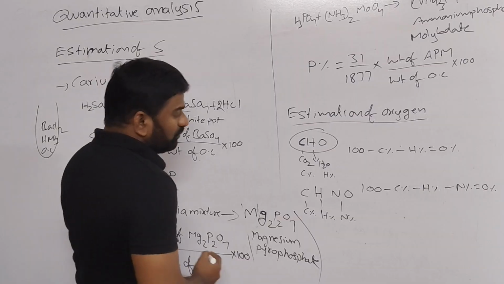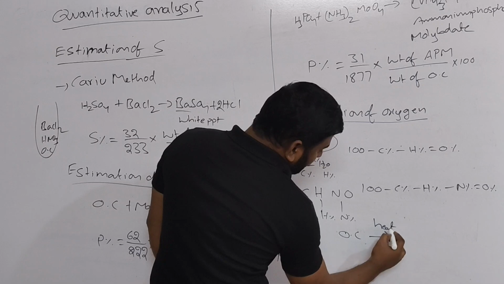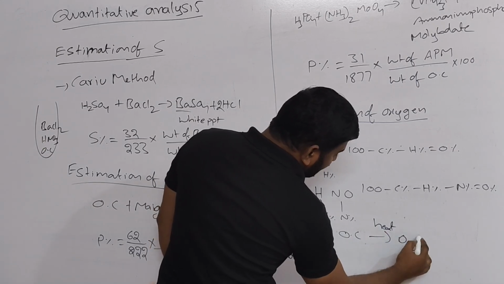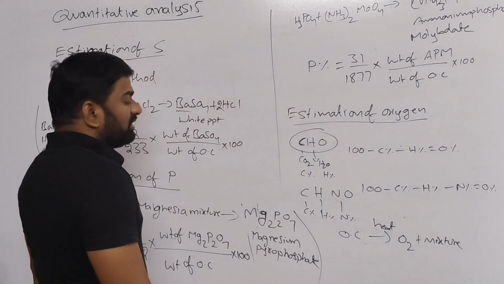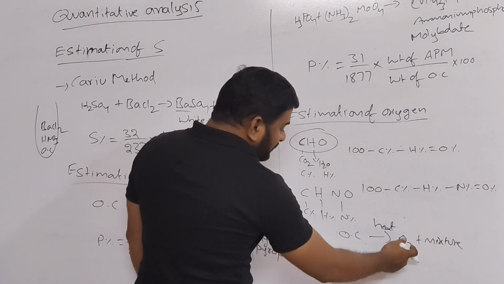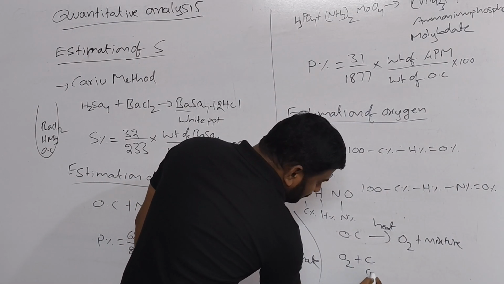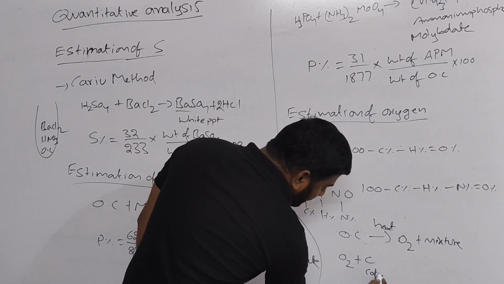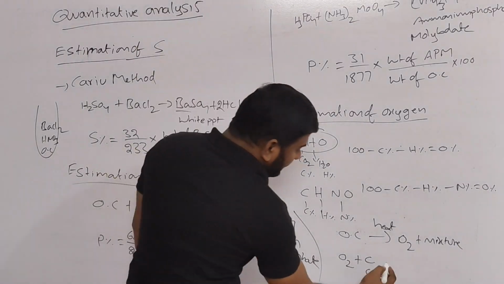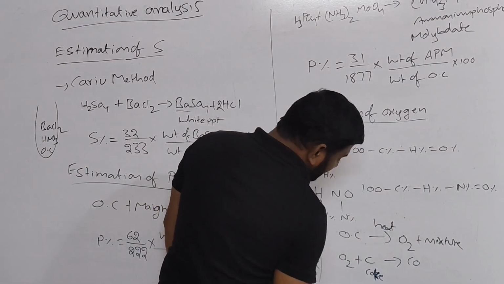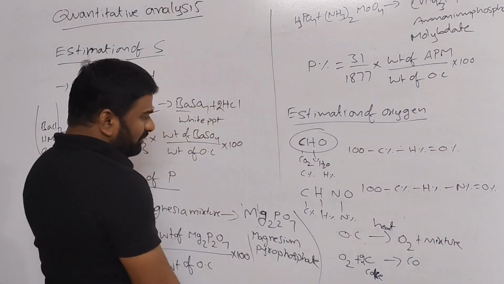In that method, what you have to do? The organic compound on heating gives oxygen and a mixture of gases. When this is passed through red hot coke, coke meaning carbon, we get carbon monoxide.